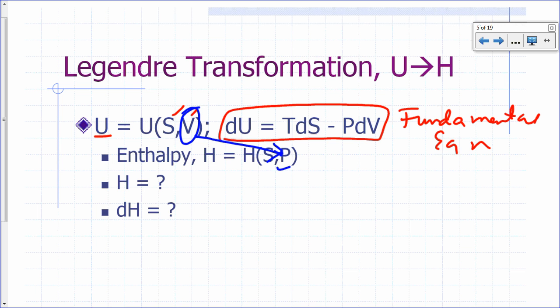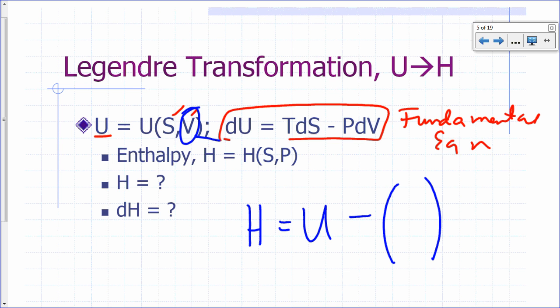So what would be my Legendre transformation? I have my original function minus what? What partial derivative would I have? I'm going to say H is equal to the original function U minus something times, what's the variable I want to get rid of? Volume, right? So multiply by the derivative of my function with respect to that variable that I want to get rid of.